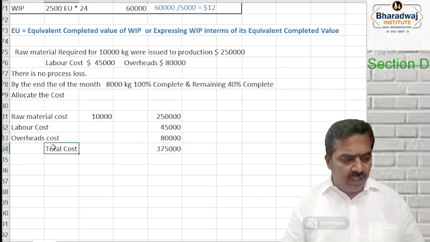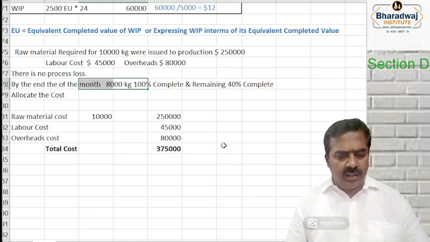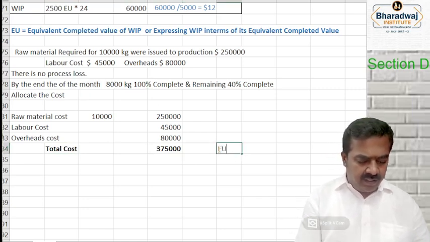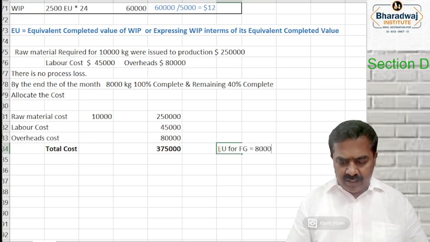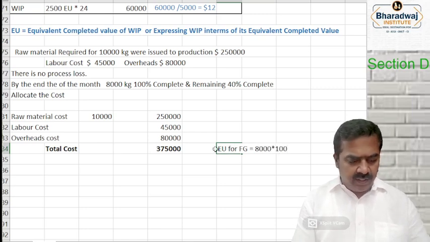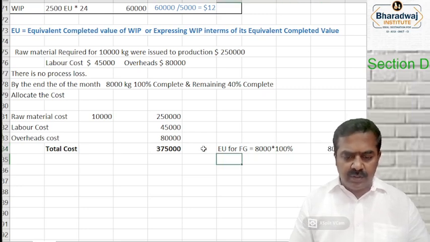So how to find out equivalent units for this? 8,000 kg 100% complete. Equivalent units for finished goods inventory is 8,000 kg into 100% complete, 8,000 equivalent units.